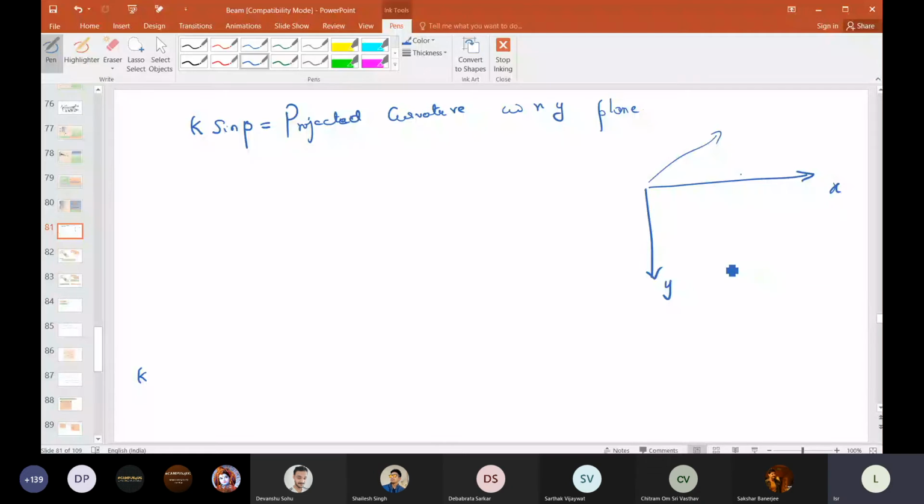Now let's say we apply a bending moment that is positive in this direction, and the positive curvature will be this. Curvature is what we measure. So the positive curvature will be this. You measure the radius of curvature, then 1 by r is the curvature in this case. That's why it is known as, I think, kappa zz.